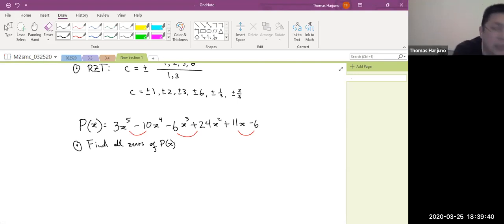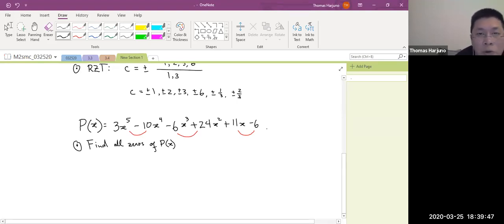Now, in your test later on, you will do a lot of work from this part here on your scratch paper. So let me show you how I will do it on my scratch paper. I will do the guessing. Let's see, what is P(1)?